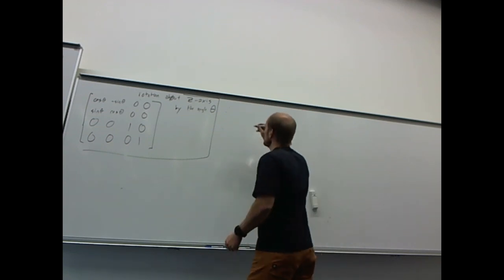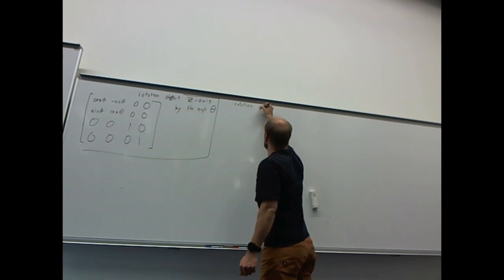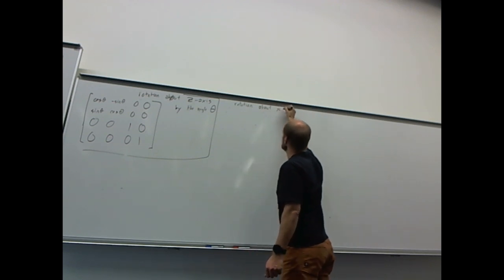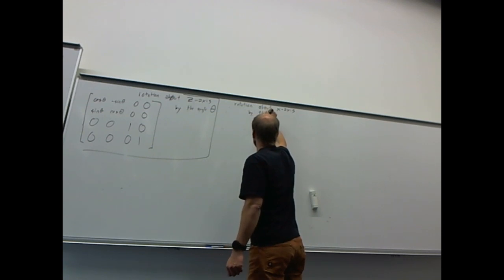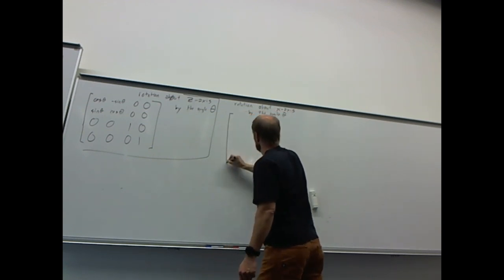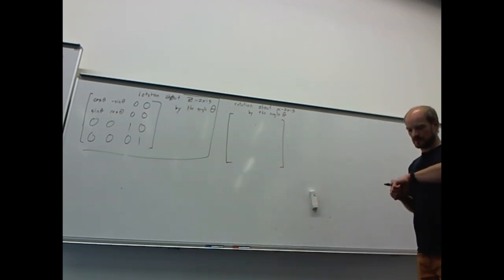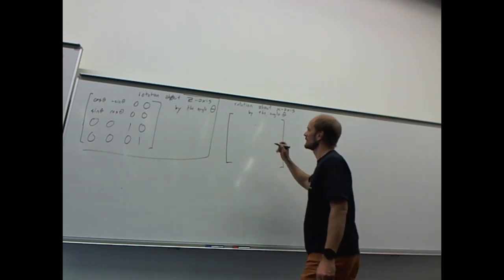So what will that tell me if I want to do a rotation about the x-axis by the angle theta? Then you have 1, 0, 0, 0.